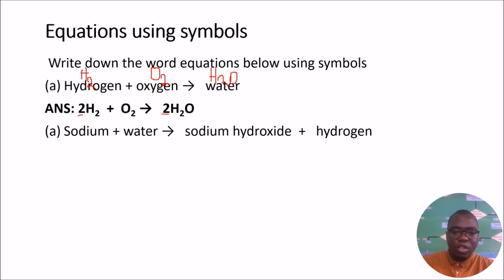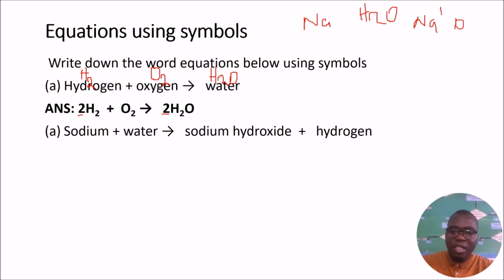Let's also try to look at this one. Sodium plus water equals sodium hydroxide and hydrogen gas. So again, when you check for sodium on the periodic table, sodium has the symbol Na. When you check for water, by now we know water is H2O. And then sodium hydroxide, we can work it out. Remember how to come up with formulas. You're just going to say sodium is Na with a valence of 1.